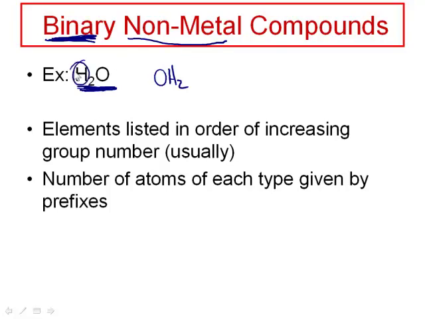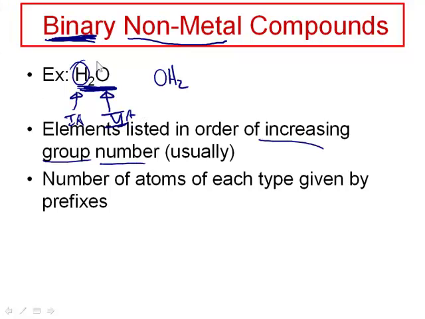It's not considered to be a metal. When we write formulas for non-metal compounds, the elements are always listed in order of increasing group number. Hydrogen here is in group 1A. Oxygen here is in group 6A. So that's why we write them in that order. That's the rule we're going to adhere to.